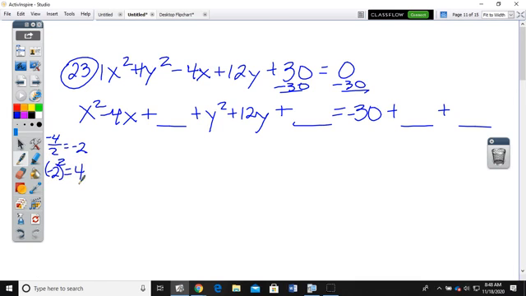That's the number you add on both sides: 4 and 4. For this one, 12. 12 divided by 2 is 6, and 6 squared is 36. That's the other number you add to both sides.